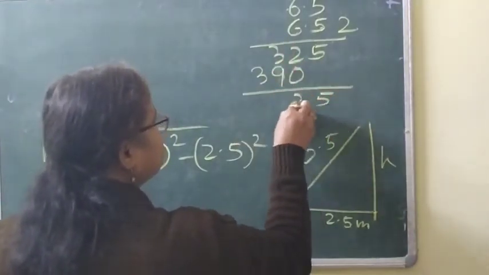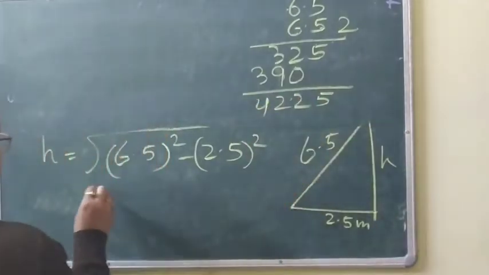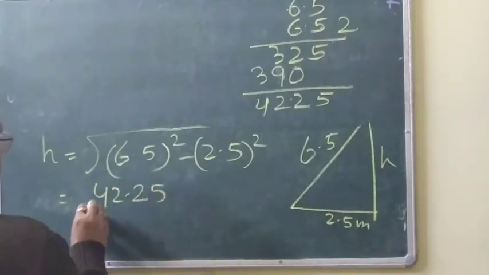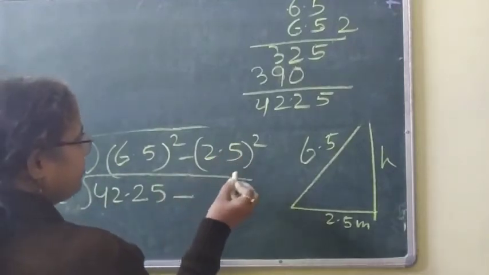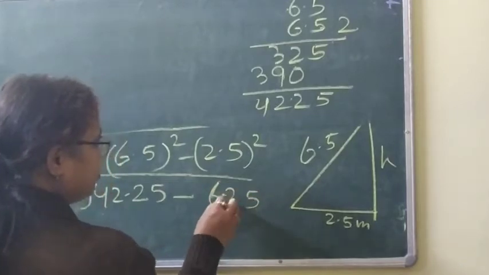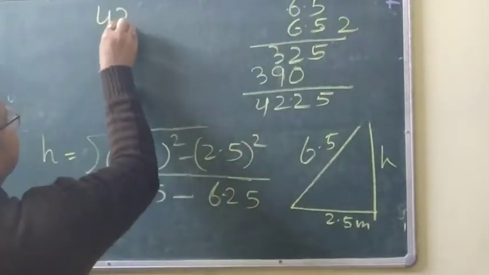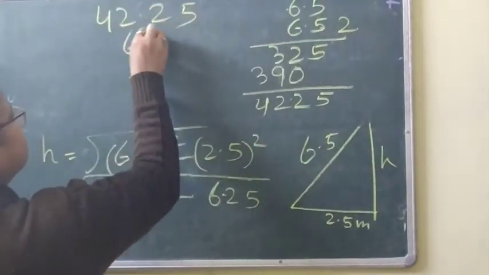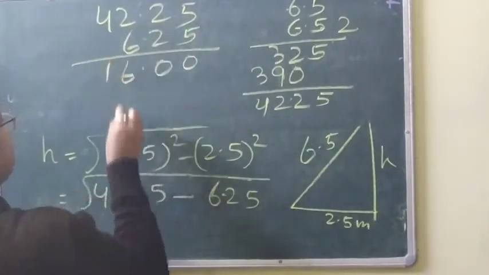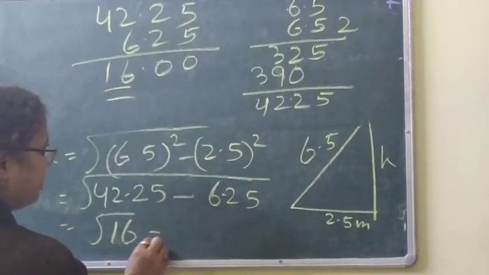So here 5 times 5, 25, and so on, giving 42.25. Minus the square of 2.5, you know the square of 25 is 625, so 6.25. So subtract it. Ultimately we get 36, so we can write 36, and the square root is here.